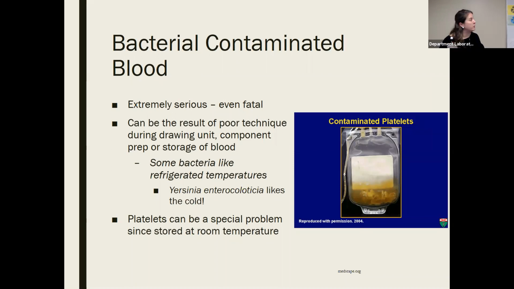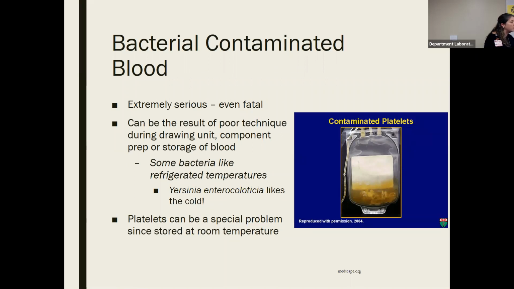All right, so bacterial contaminated blood. This is very serious, okay? And if not treated, it could be fatal. So as soon as symptoms start occurring, then we need to find out, number one, is it contaminated? And number two, which organism is it? That's why before you guys issue any products in blood bank, you always do a visible inspection.